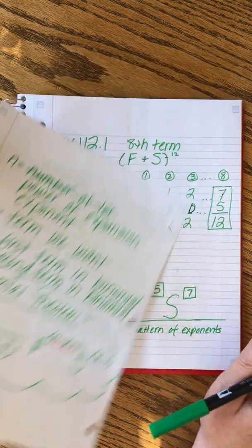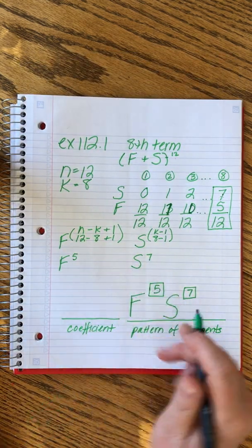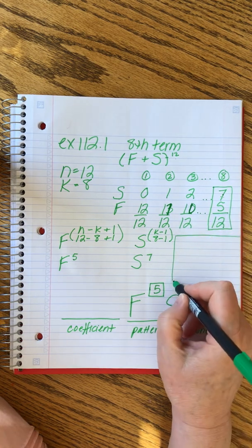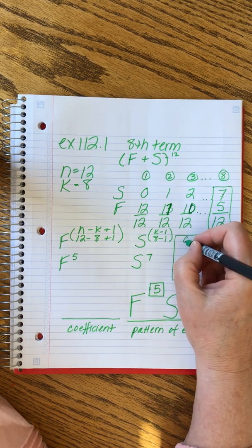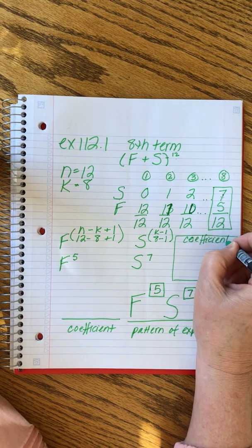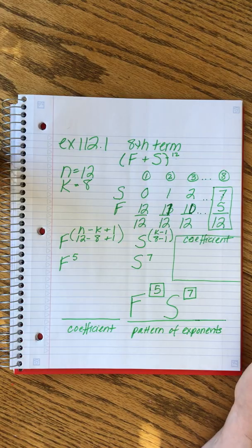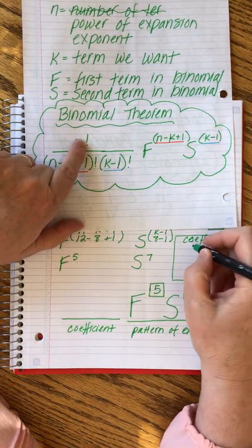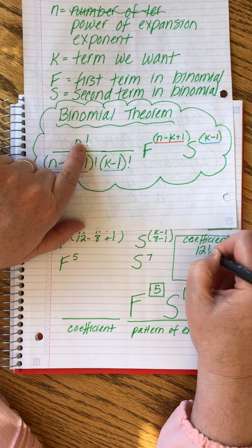Now that we've calculated them for these purposes here, I'm going to draw a little box. And this is where we'll do our coefficient. We can use our binomial theorem. Okay, the top is the power we're raising to.